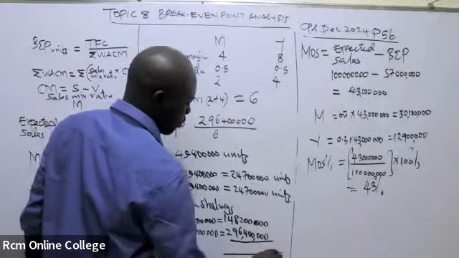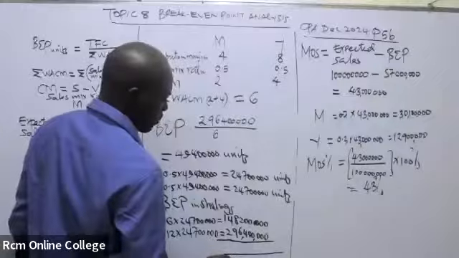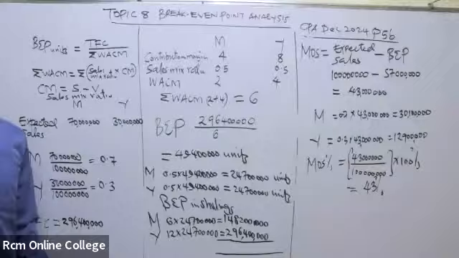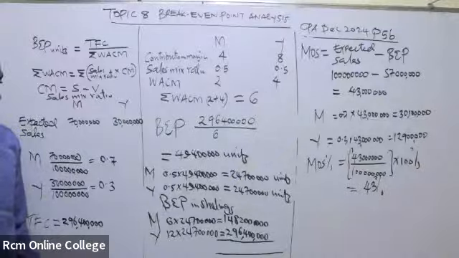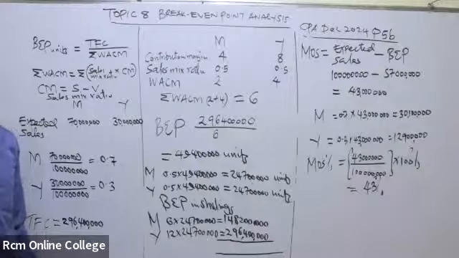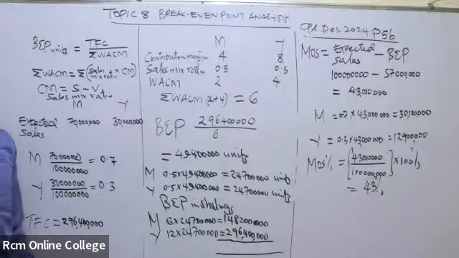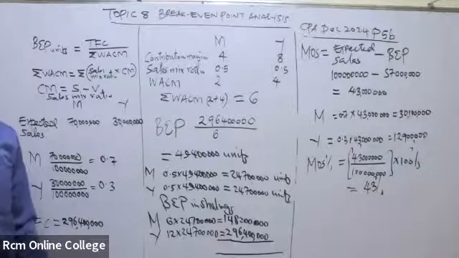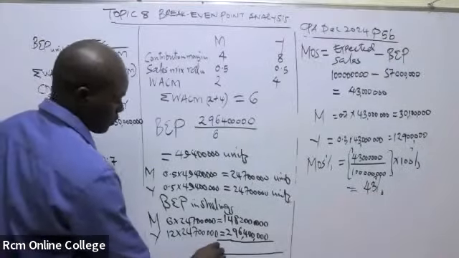So what is the break-even point in shillings for the entire company? Get the summation of the two: 148,200,000 plus 296,400,000. What are you getting? That should be 444,600,000.